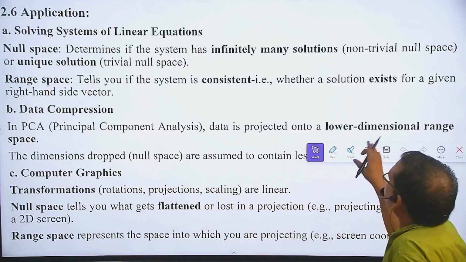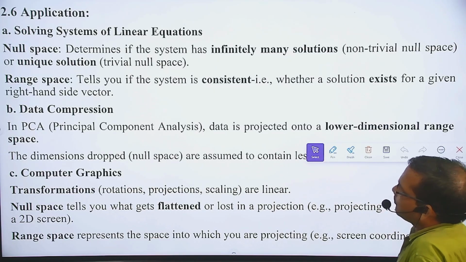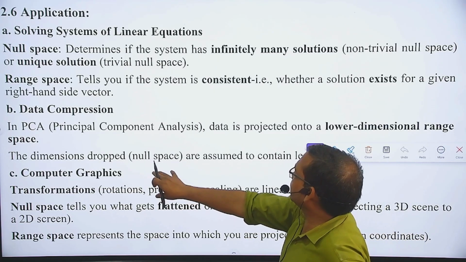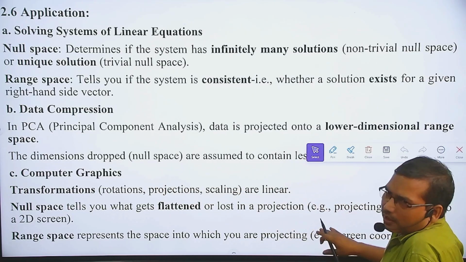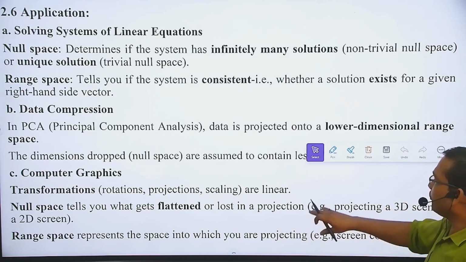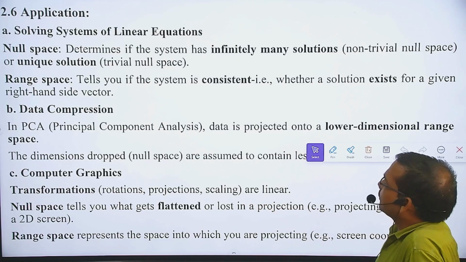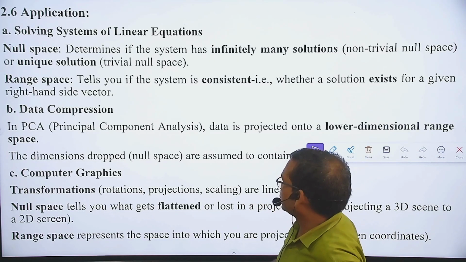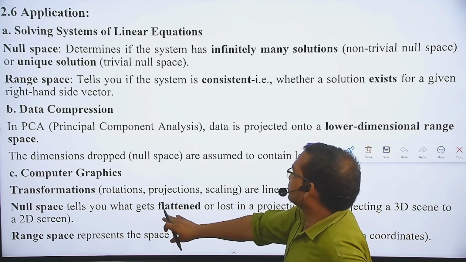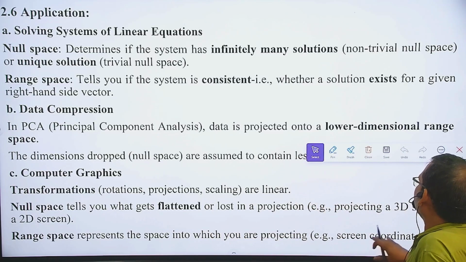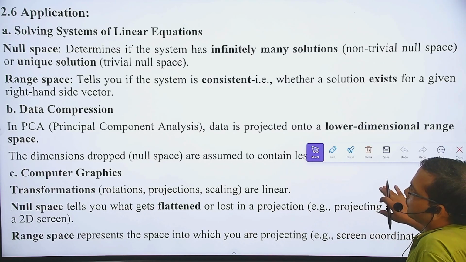the range space represents the lower dimension, the data projected, and the dimension dropped, while the null space represents the dimension dropped. It also represents computer graphics: rotation, projection, scaling, and all are linear transformations. The null space tells that graphs are flattened, meaning projecting 3 dimensions into 2 dimensions.